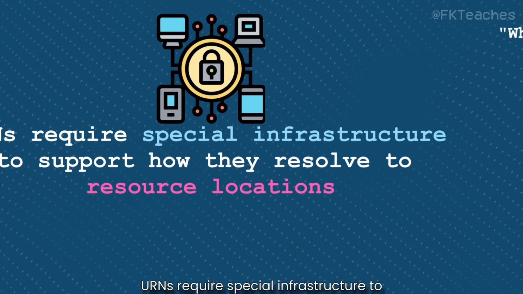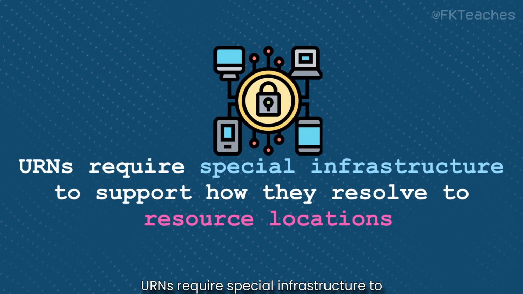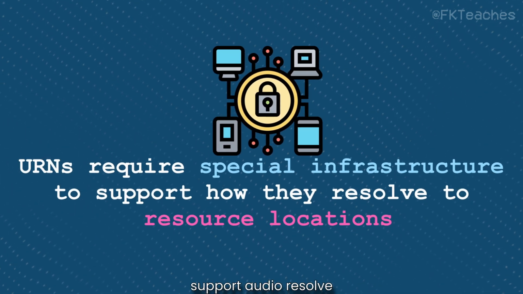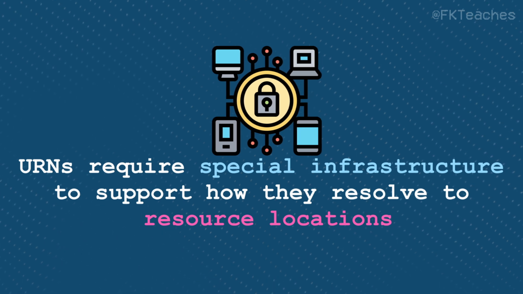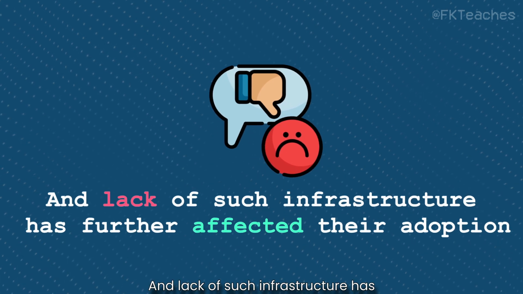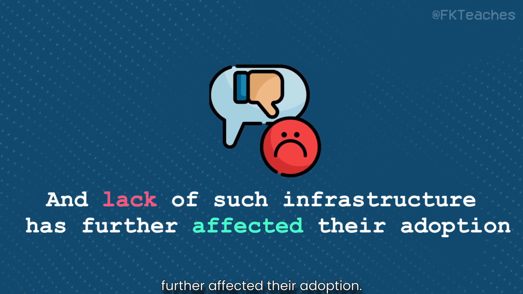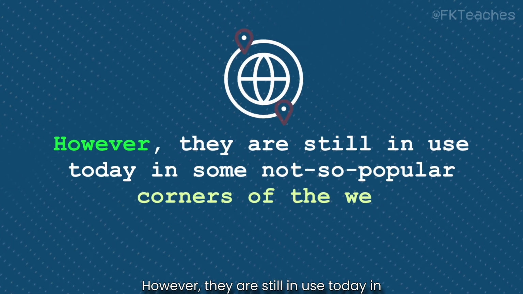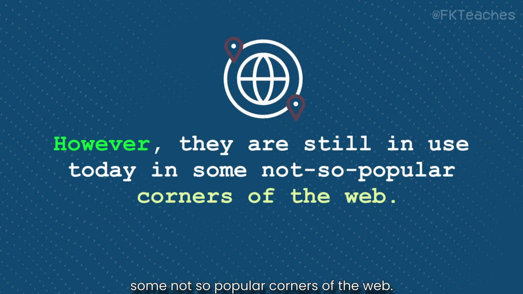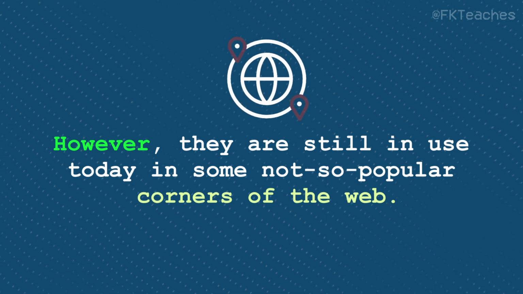Also, URNs require special infrastructure to support how they resolve to resource locations, and lack of such infrastructure has further affected their adoption. However, they are still in use today in some not so popular corners of the web.